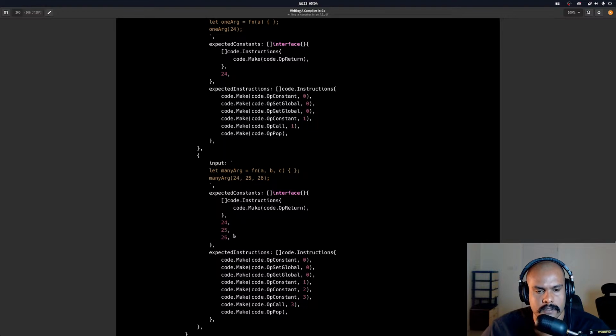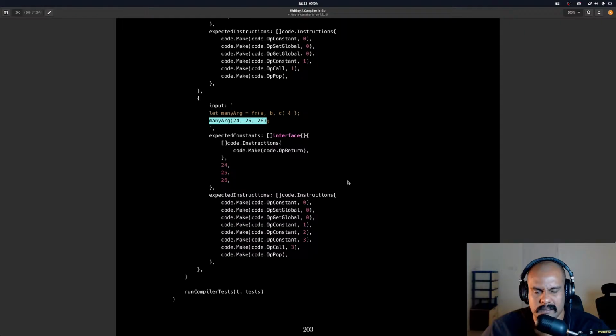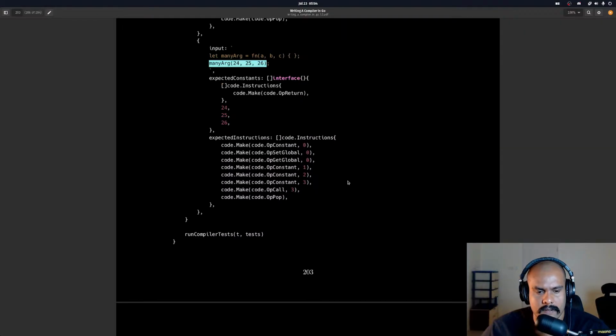Yep, function itself and 3 constants. That makes sense. Kinda makes sense.